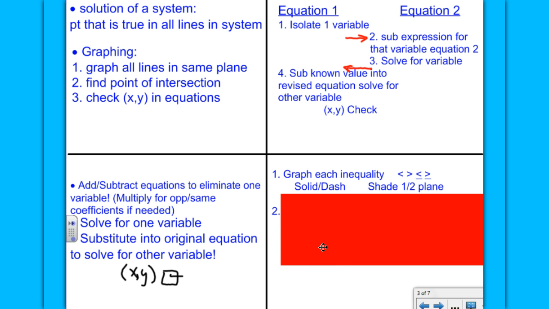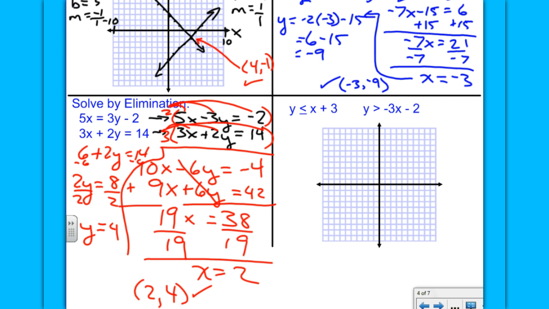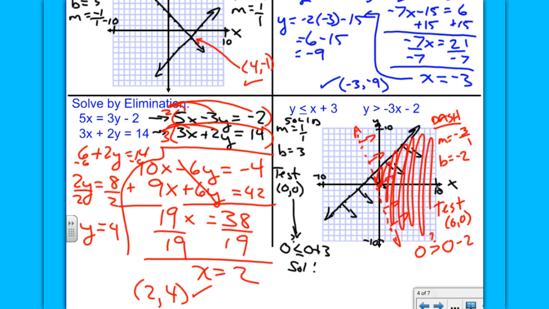But to show your system's solutions, you find the shading part, the overlap part, right? Find the intersection or the overlap of the plane. Okay, so we're just simply graphing one system and we're done. If you're at home, pause the video, do your best, come back and check. Okay, so be sure you have a dashed, a solid, and this region of overlap shaded. Okay, good job.